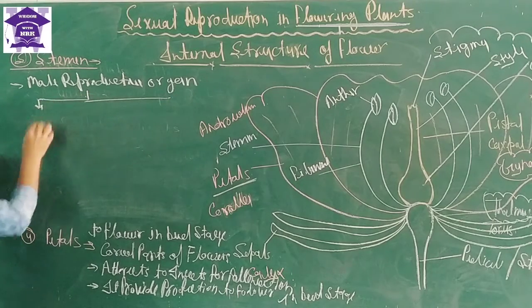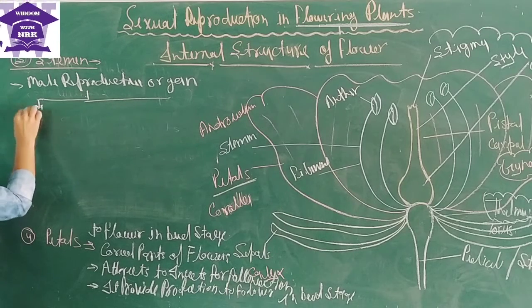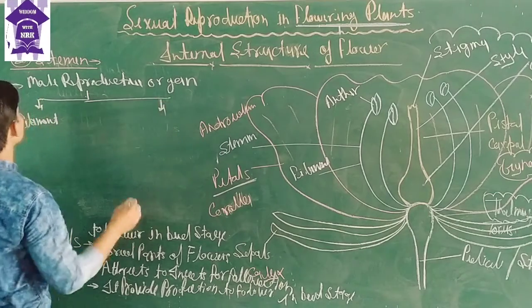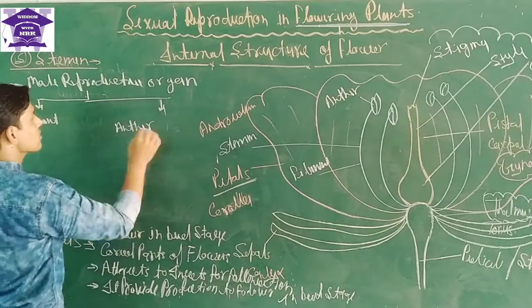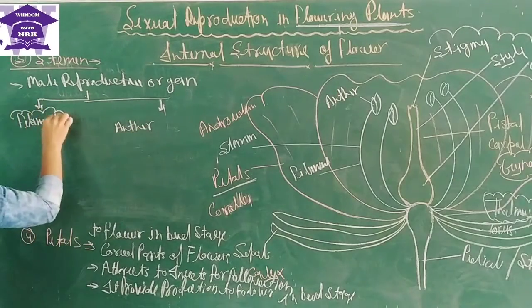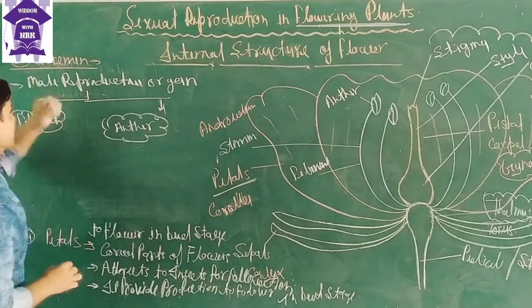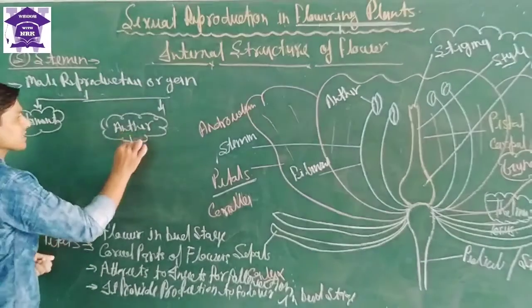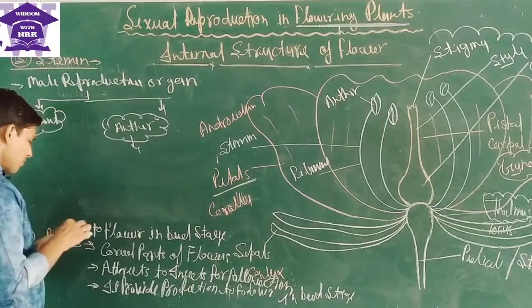One is filament, and second is anther. जो मेन रिप्रोडक्टिव पार्ट होता है स्टेमन का वो कितने पार्ट में डिवाइड होता है, एक तो फिलामेंट में और एक एंथर में। In this anther is produced pollen grain.